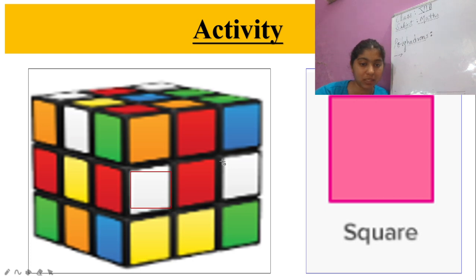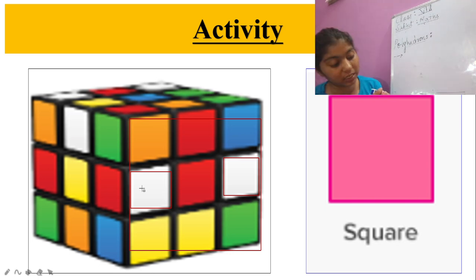So is it a square or some other thing? Yes, very good students. So these are squares only, right? And on each of the faces, that is 6 faces, all of the things are squares, right?